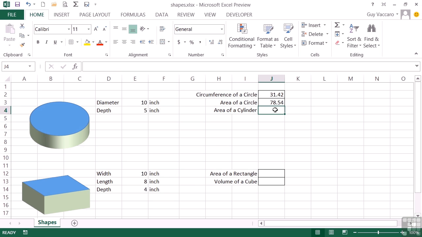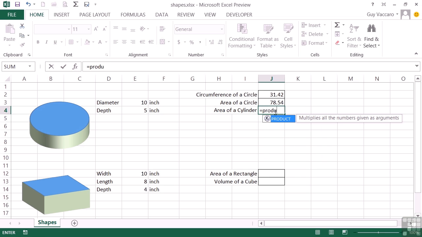Now the volume of the cylinder is simply the area of the circle multiplied by the depth. So we could take the result of that cell and multiply it by the depth. 392.6991. Now when you're starting to multiply cells together, it could be worth using the PRODUCT formula, which is equals PRODUCT, open brackets, and that way you can simply define a cell, comma, a second cell, and if required, comma, a third, comma, a fourth.